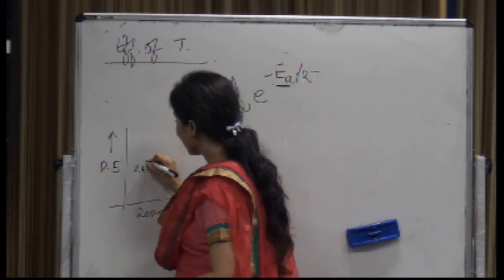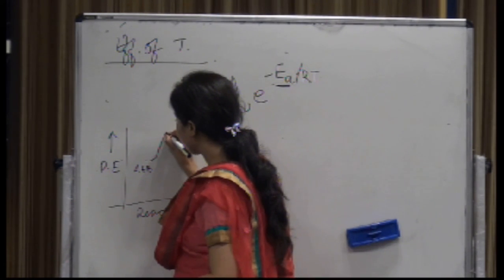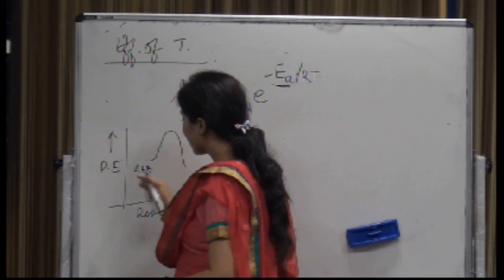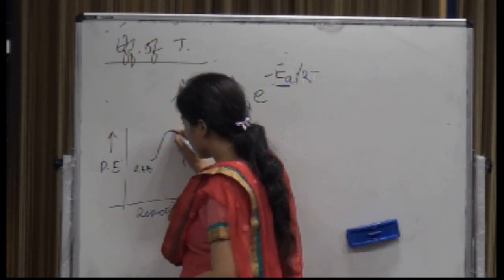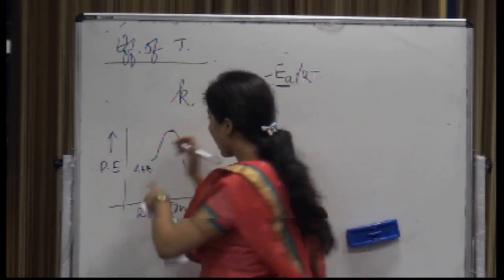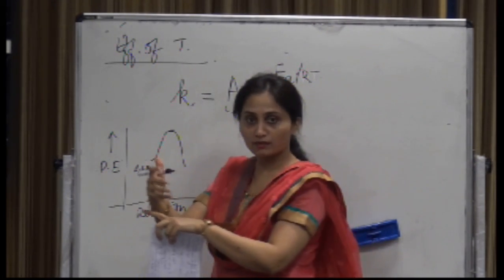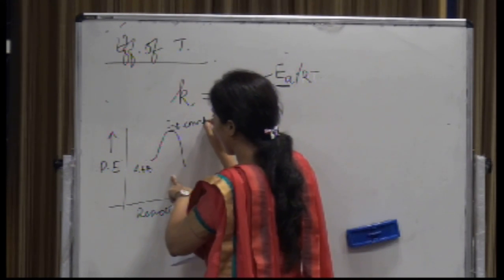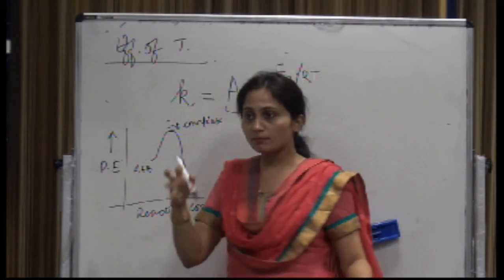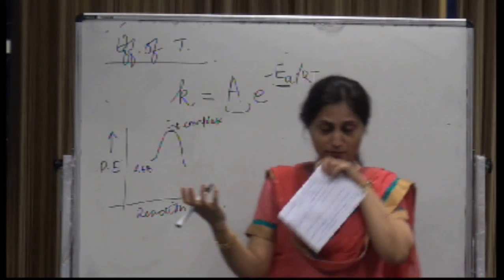Now the minimum energy that is required for the reactants to cross over this energy barrier, because there is a barrier, and here an intermediate complex forms. So this is the energy that corresponds to your intermediate, some kind of a complex which may be hypothetical.